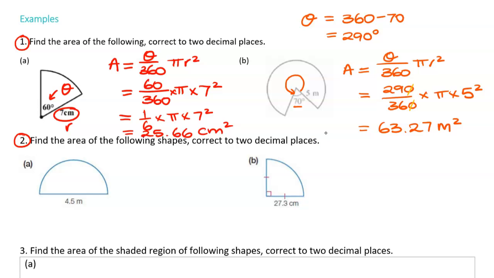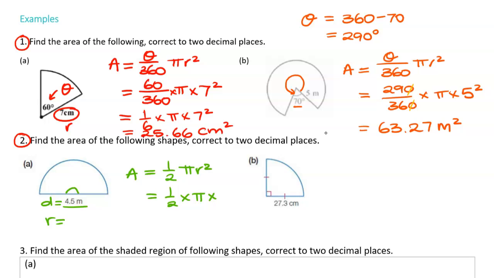Okay, with these next two shapes, I really don't mind if you went straight into writing the formula like this. For this one, area is going to be, we know that that's 180 and it's half a circle, so you could just do half pi r squared, that's fine with me. A half times pi times, what's the radius? This 4.5 metres is the diameter. The radius is going to be half of that.